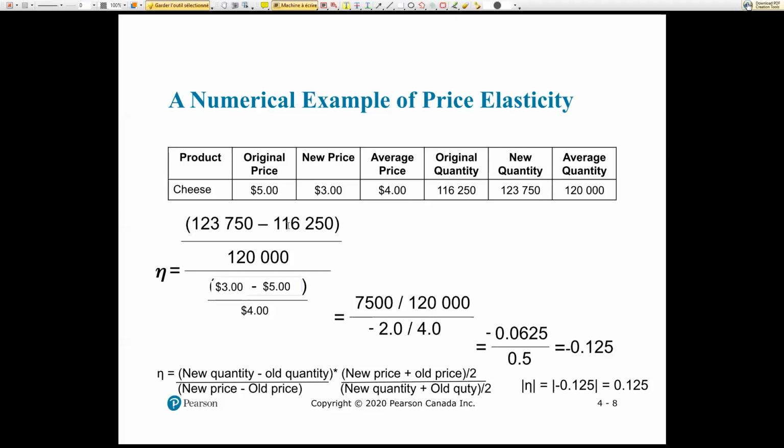But then do I divide by 123,000, 116,000, or something in between? It looks like they say what you have to do is use something in between. So you use the average of these two terms. The average is 120,000. Okay, thank you.